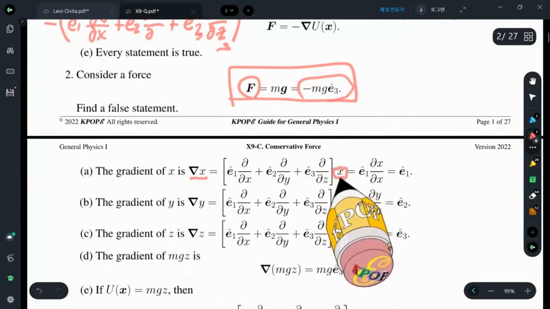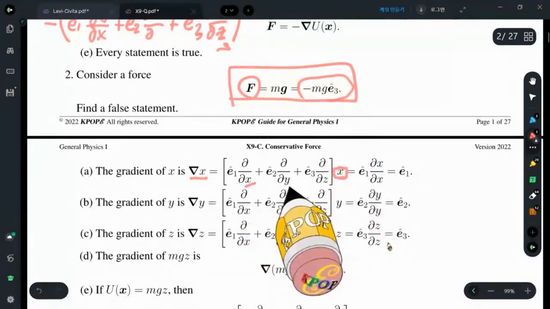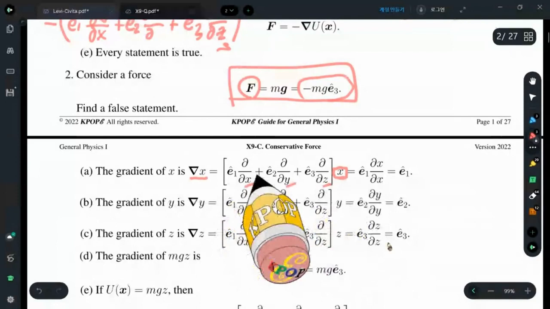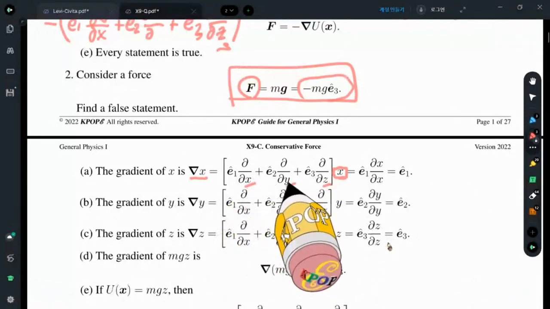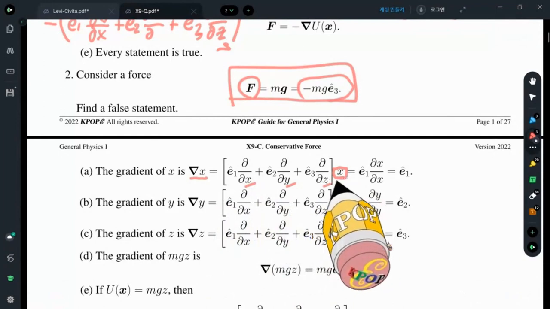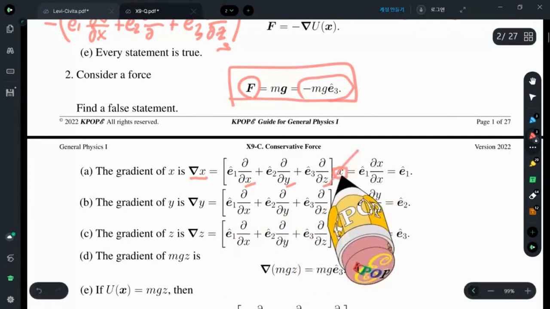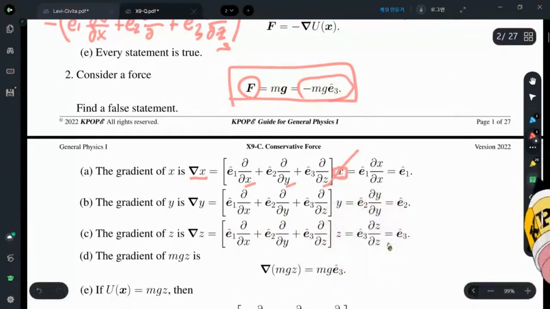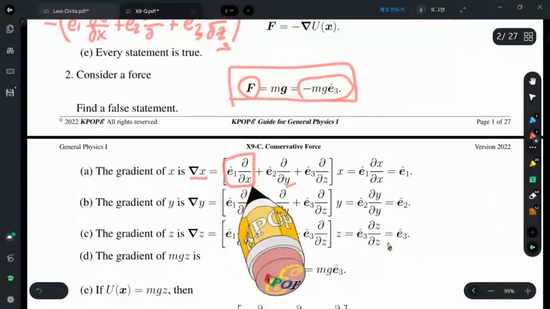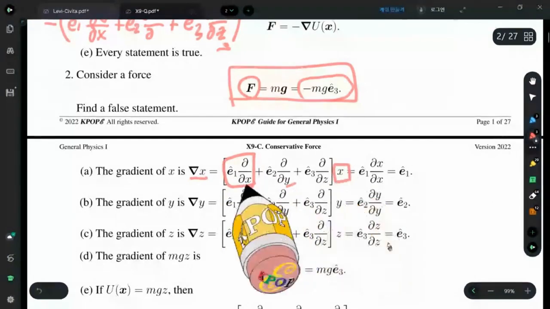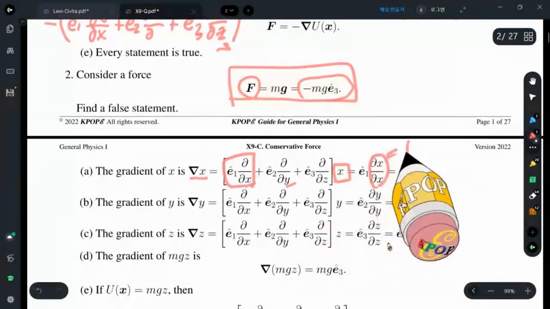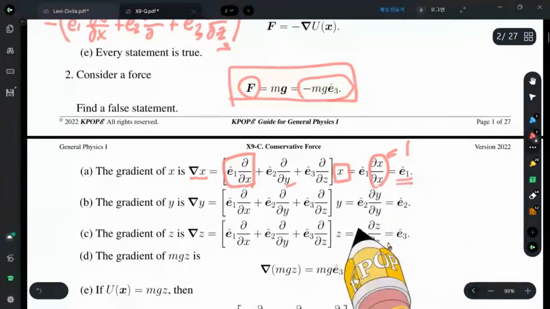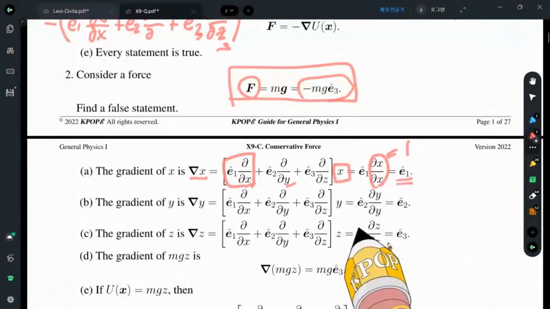Gradient x is the derivative with respect to x, y, z, and multiply the unit vectors, right? As you know, the y derivative and z derivative vanish. The only non-vanishing contribution is the x derivative only. If I take the derivative, this is 1. Therefore, we have a unit vector along the x-axis.